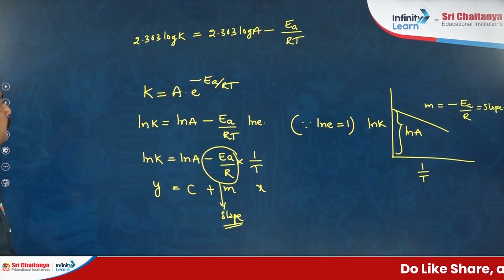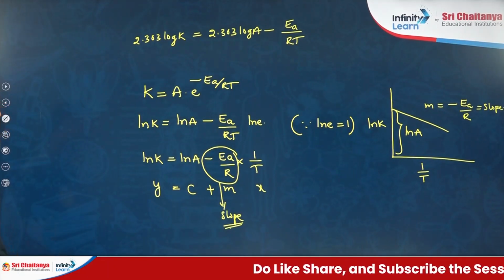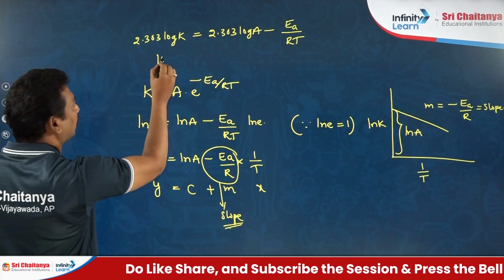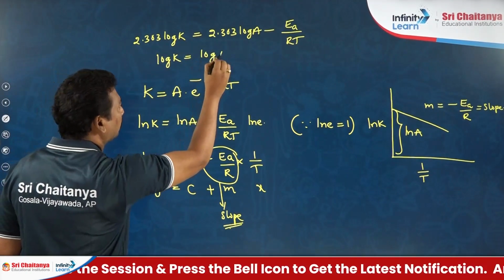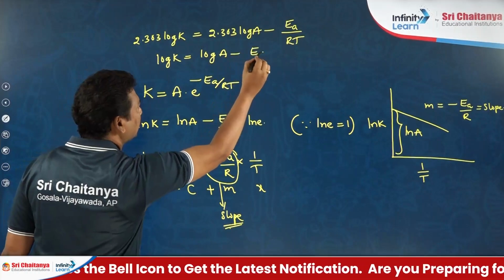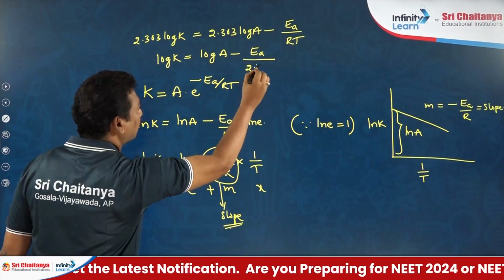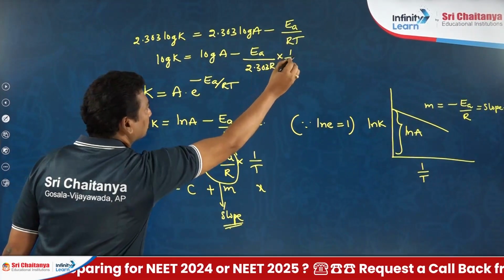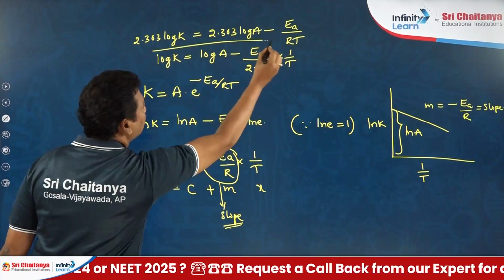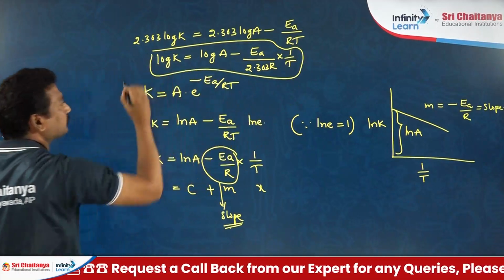Dividing by 2.303 on both sides, we get log K is equal to log A minus EA by 2.303 RT. This is one more expression.